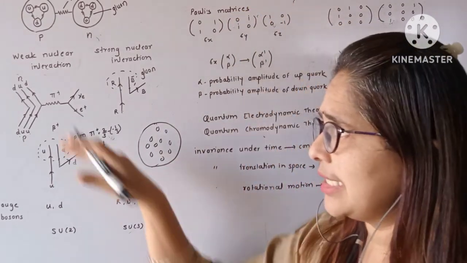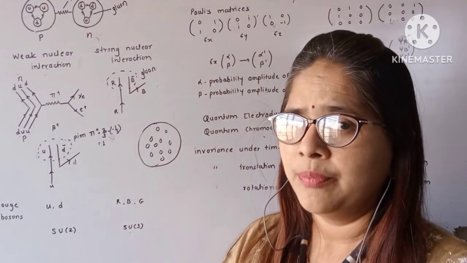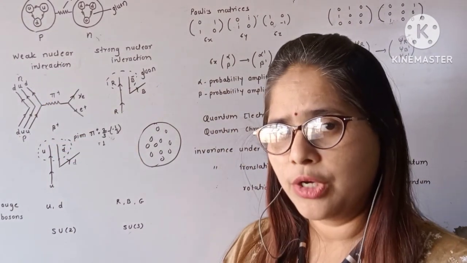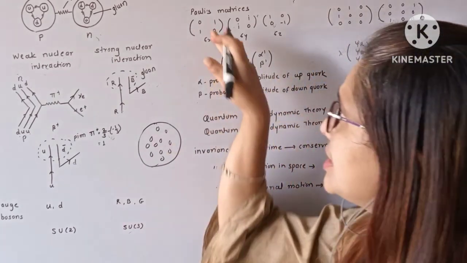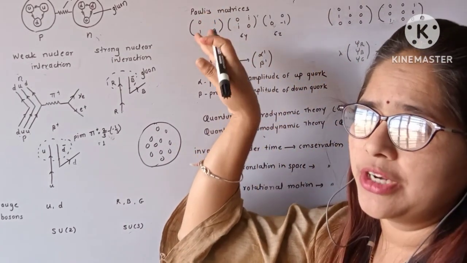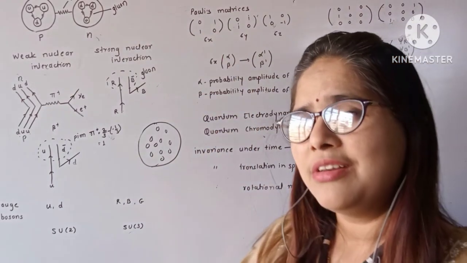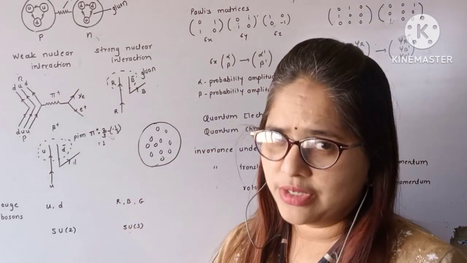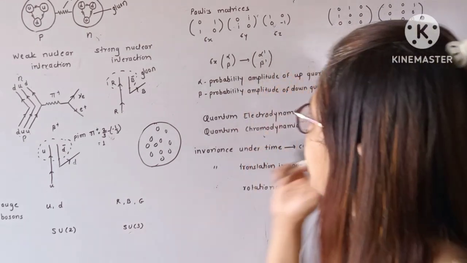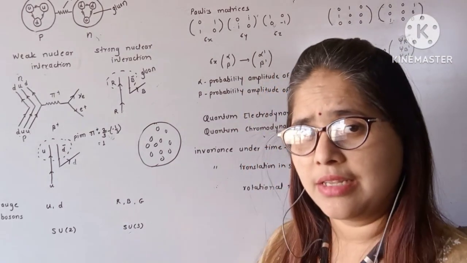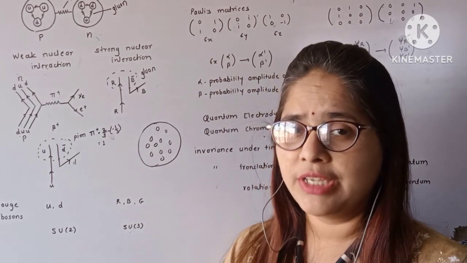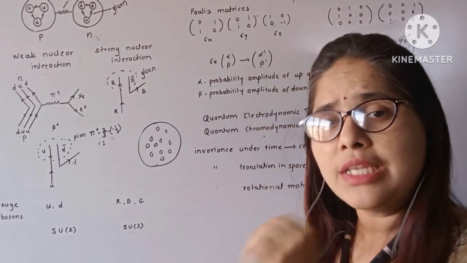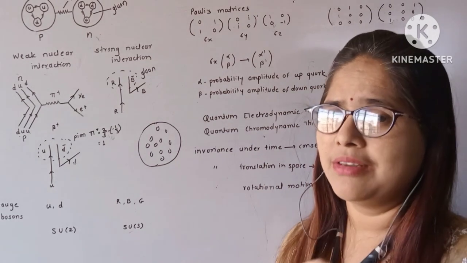As we have seen, the weak nuclear interaction can be represented by two basic particles, therefore we use this 2 by 2 special unitary matrix for its mathematical representation. Similarly, three basic particles are involved in a strong nuclear interaction, therefore we use SU3 symmetry operations for its mathematical representation.